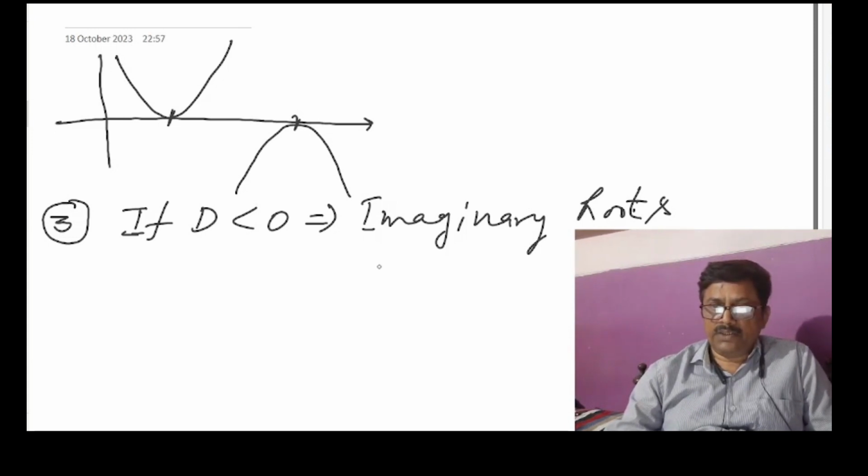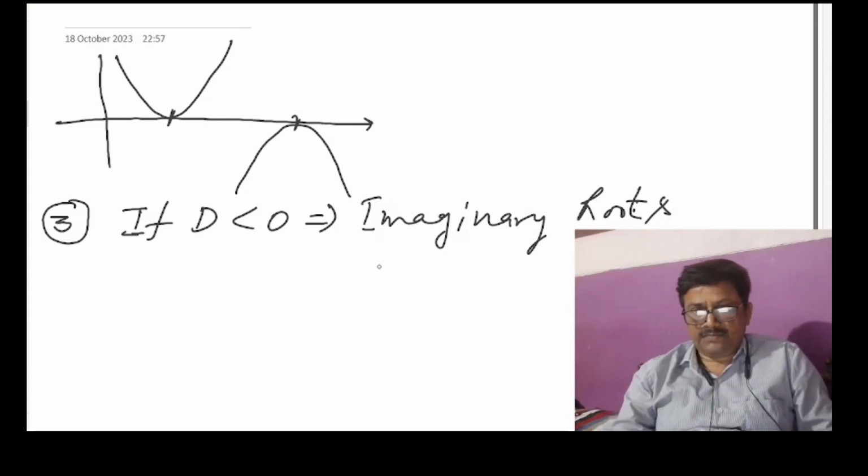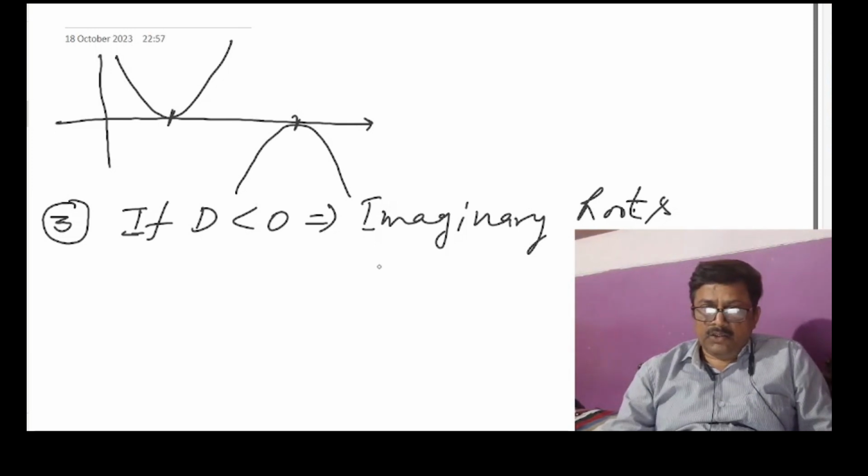Imaginary roots means no real root. Imaginary things in reality do not exist; we only suppose there are imaginary roots. So there will be no value of x for which y will be 0, the quadratic will be 0. There will be no real value of x.